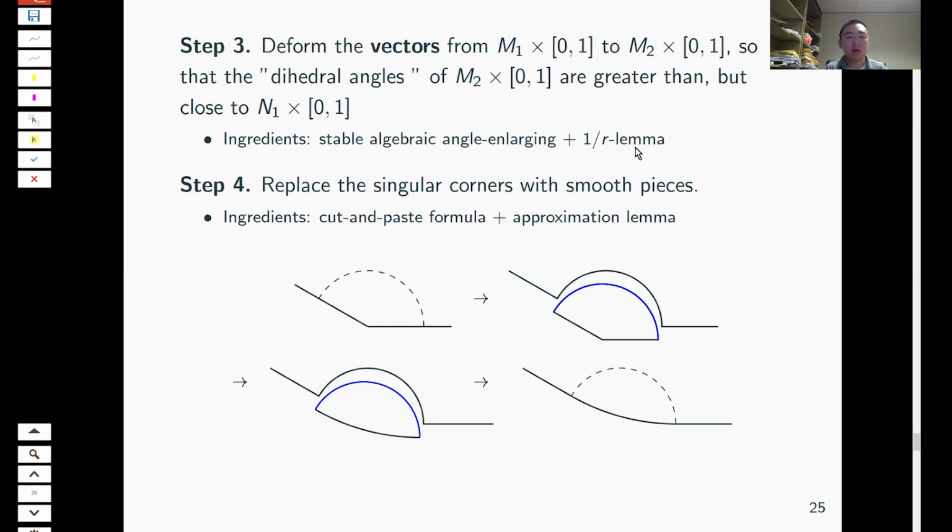Okay. Now the final step is to compute the index. We compute the index by a cut and paste formula, which means if you have a manifold with even polyhedral boundary like this, okay, and here we keep it simple, like near this edge where we cut, everything is product structure. So we can cut it away, right?